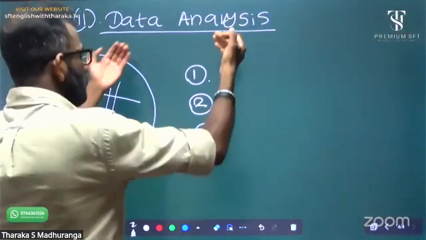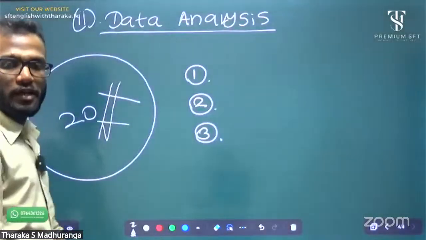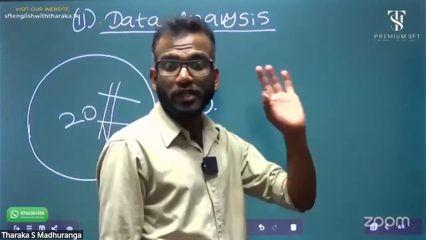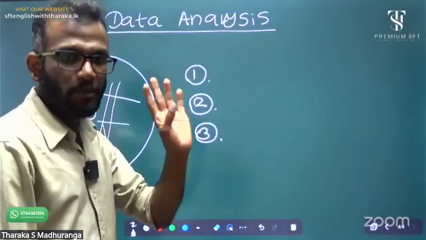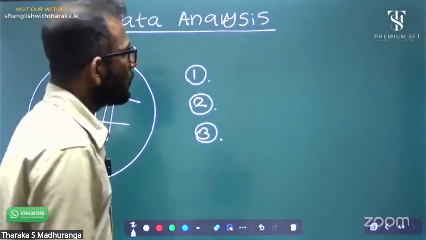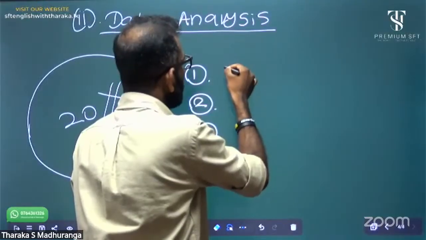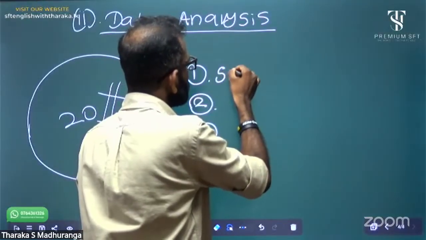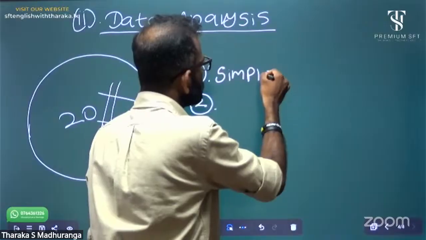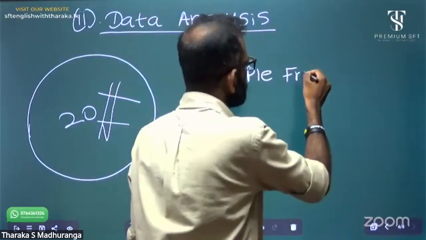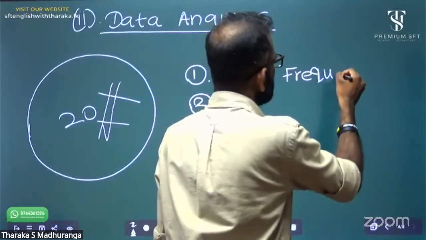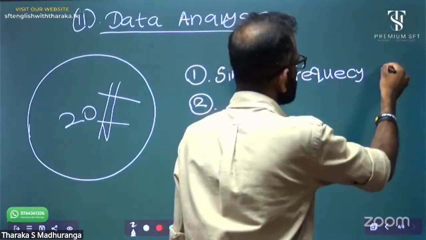we can divide our analysis methods into 3 types. The main 3 analysis methods. The first one: analyze as simple frequency distributions.